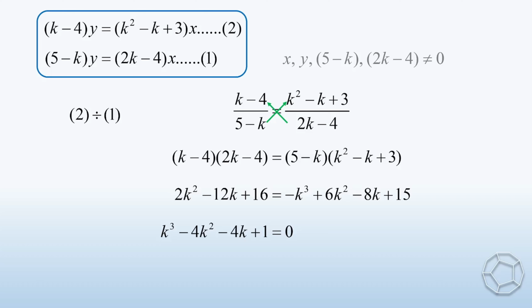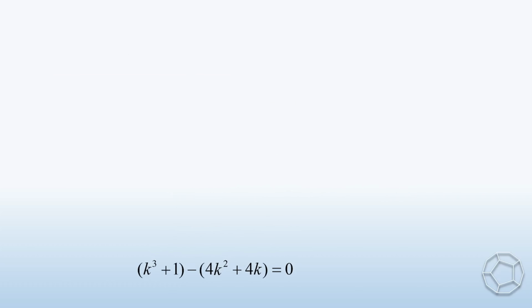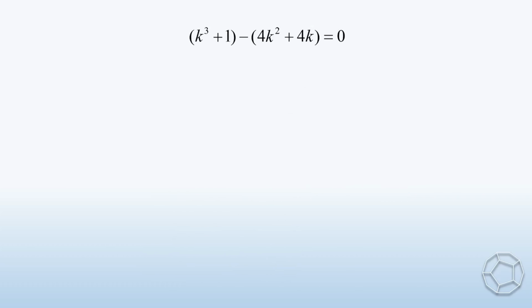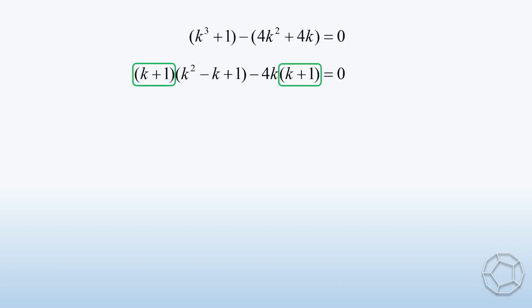Indeed, the cubic equation can be factorized. We group k cubed and 1 together and put the other two terms at the back. For the first two terms, it's factorized as (k plus 1) times (k squared minus k plus 1). For the last two terms, we take out the common factor 4k. Now, we have another common factor k plus 1 in the two groups.